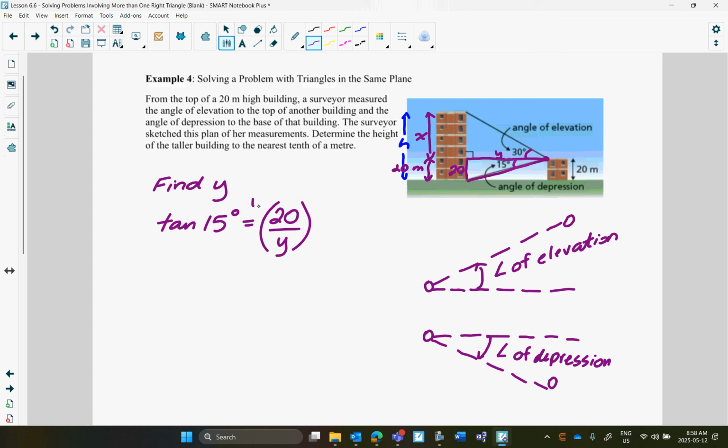First step, get rid of the fraction. That's going to leave me with y tan 15 degrees is equal to 20. Now to isolate y, I have to divide both sides by tan 15 degrees.